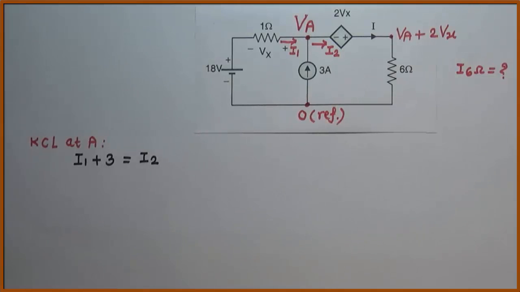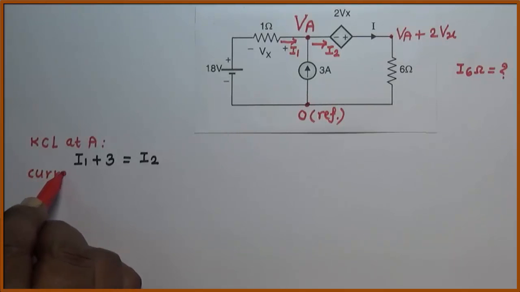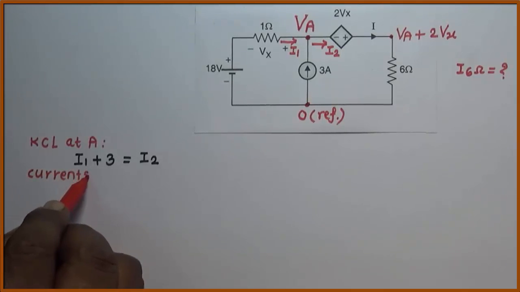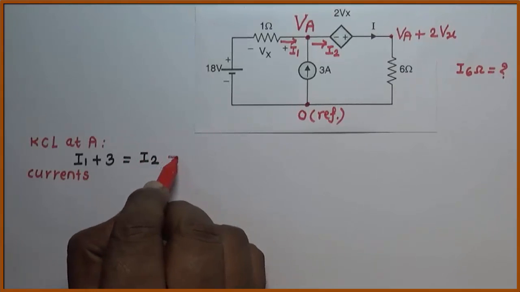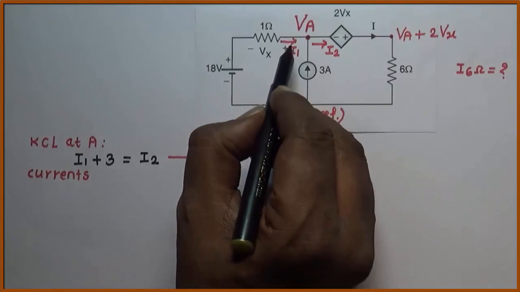Mark this as equation 1. Now let us express the currents I1 and I2 in terms of voltages.